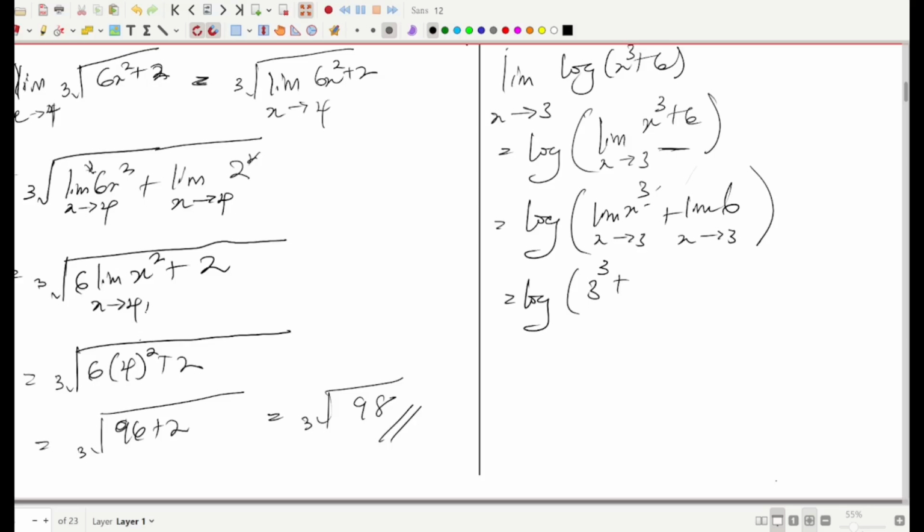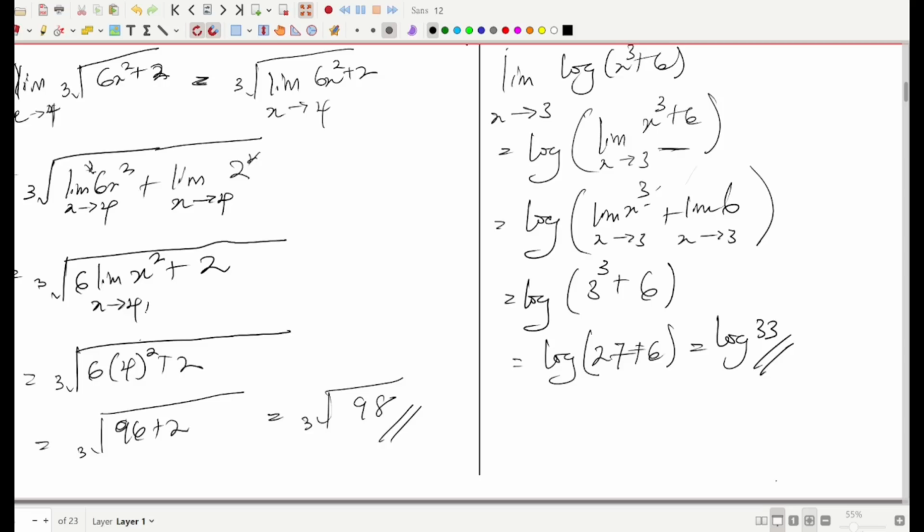Since 6 is a constant, the limit of a constant is the constant itself. We end up with log of 3 raised to the power 3, which is 27, plus 6, so we end up with log 33.